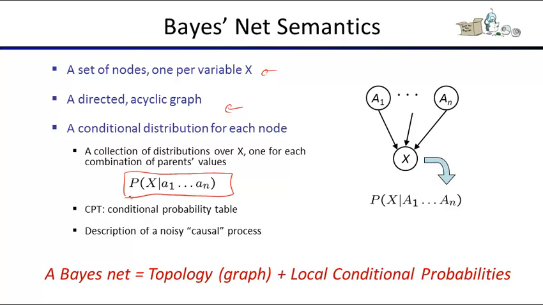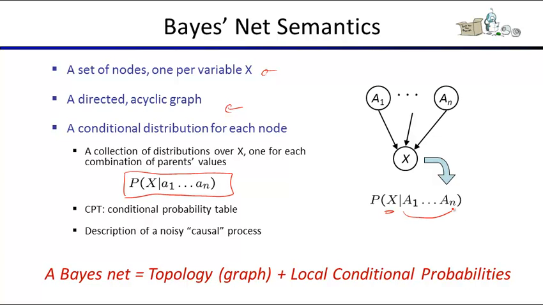What is that conditional distribution storing? Well, we can think of it as a noisy causal process. It's the conditional of X given the parent values. If it were deterministic causation, then the entries in that table would all be ones and zeros. But if it's noisy causation, then there will be entries that are neither zero nor one in that table. That's the typical case. And so what you're capturing is this noisy causation process.